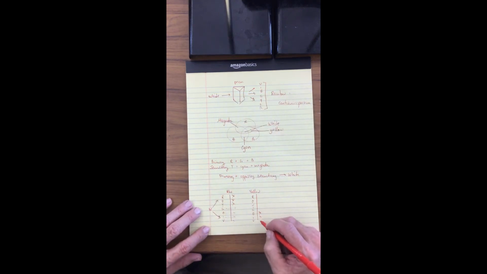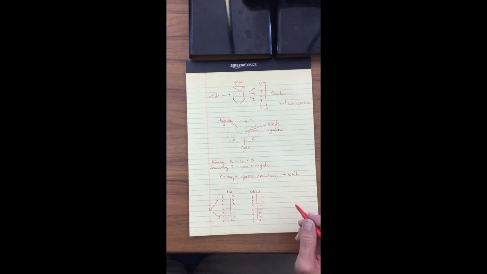So the combination of the red, orange, yellow, and green that were sent in add to make the yellow coloration. Because if you remember, if you mix red light and green light, you will get yellow light.